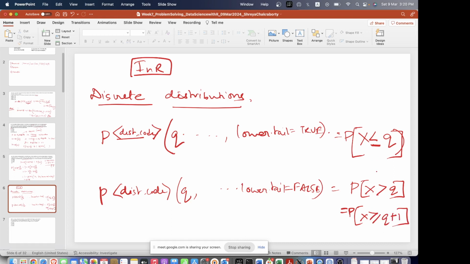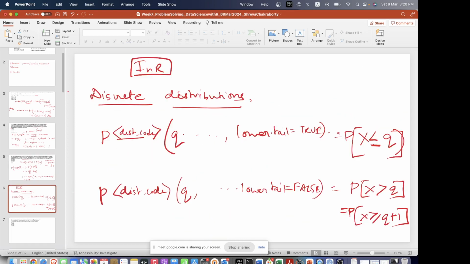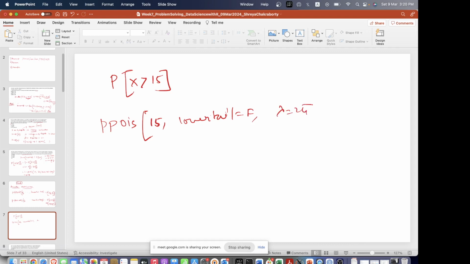So accordingly, if this was the question where you had to find out 15 or more, or the question was more than 15 defective bytes. So let's say we had this question that we have to find out probability X greater than 15. Then we could have directly written p Poisson 15, lower tail equal to false, lambda equal to 24.